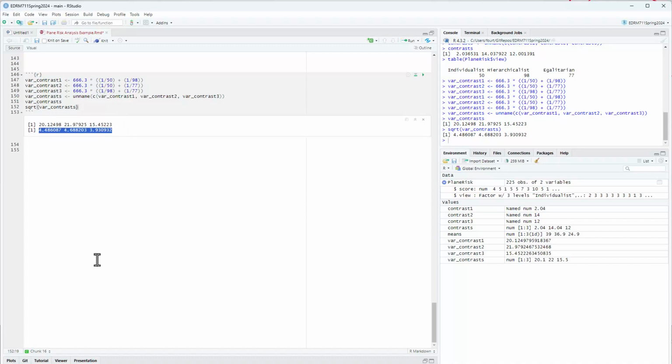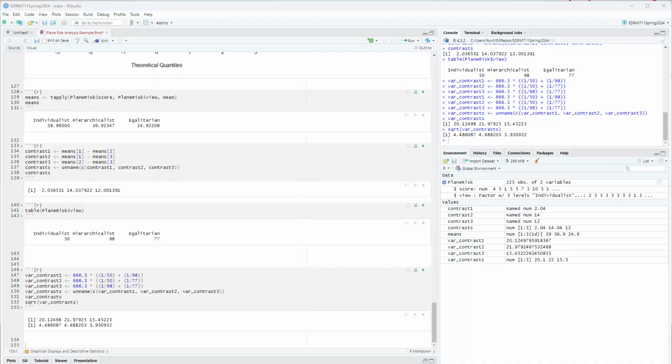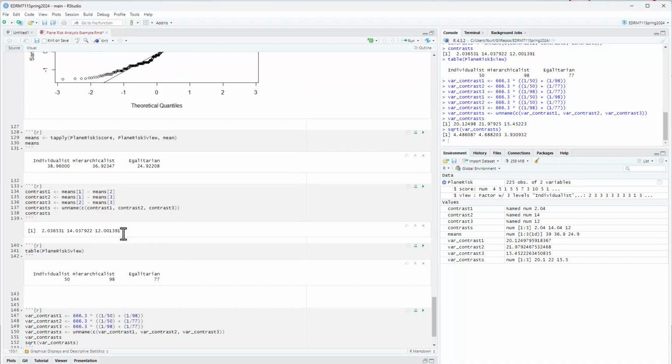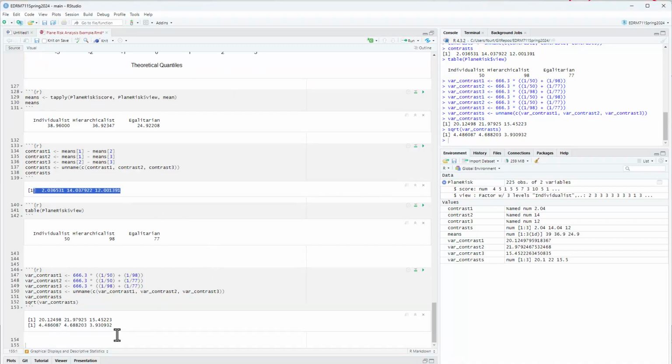So the standard error for my first contrast is about 4.49, just about 4.5. Not too much different for the next one, a little bit different for the third, 3.93 for my standard error. So that's how to estimate the individual contrast and the standard error. And hopefully you see where this is going.